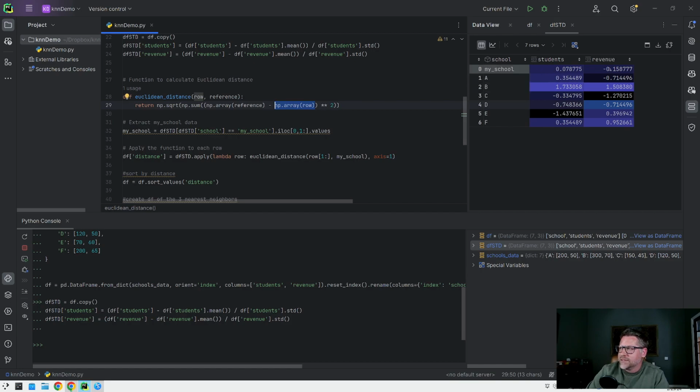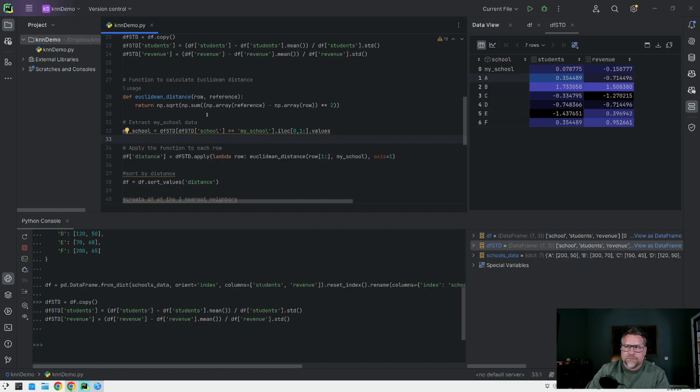So we're going to take my school's students, for example, and subtract students from school A. Square that. In Python, squaring is 2 stars and then a 2. And then sum it all up and take the square root of that. That's what the function is going to do. It's called Euclidean distance, and we'll call this down here when we apply it to our data set.